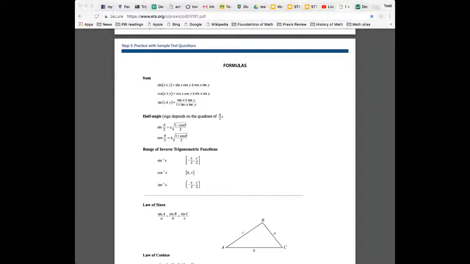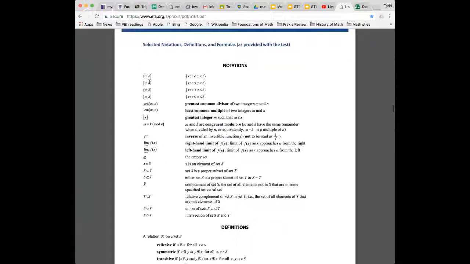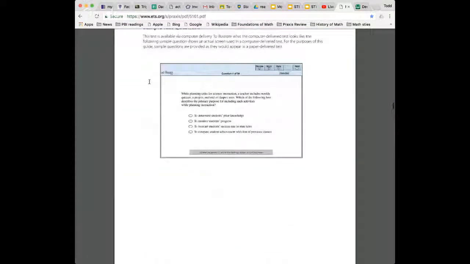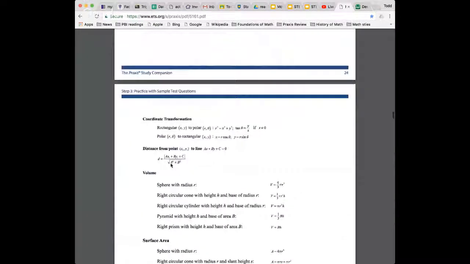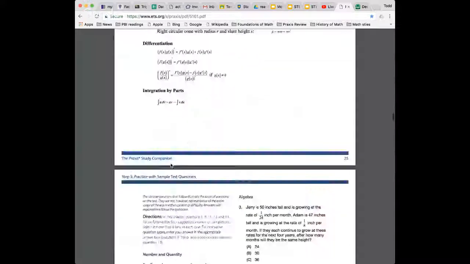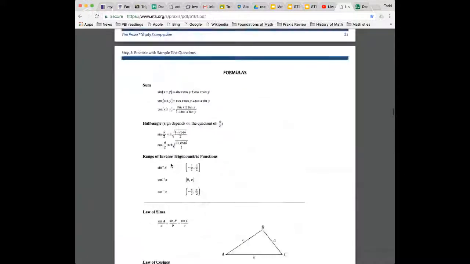So it should look like this, right? And you get this whole set of formulas here for notations, and then definitions, and then you get these formulas right here. The ones that are particularly interesting for our purposes are the ones related to trig.